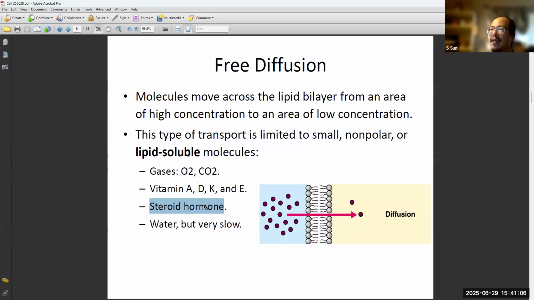Cholesterol is a lipid, and these steroid hormones can freely diffuse across the membrane because they are lipid. Typical steroid hormones are sex hormones like testosterone and estrogen.